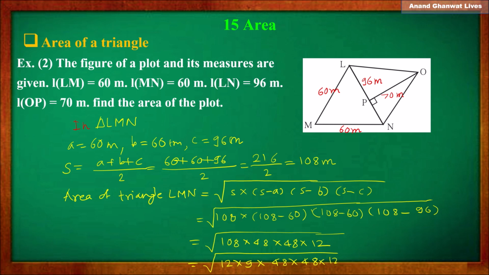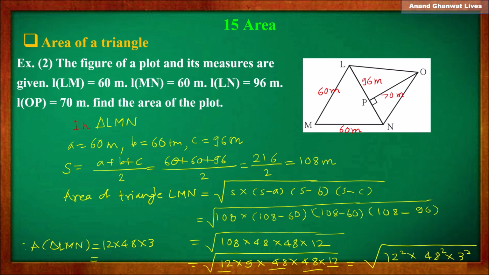Now 12 into 12, that is square of 12, into 48 into 48, that is square of 48, and into 9 means square of 3. Now square root of square of any number is that number itself. Therefore area of triangle LMN is equal to 12 into 48 into 3.